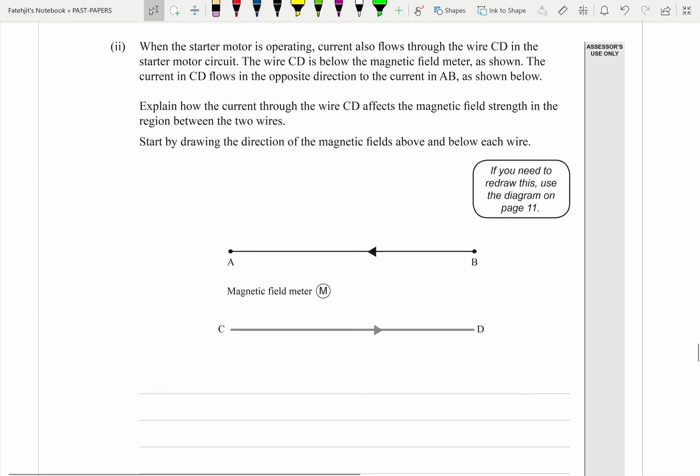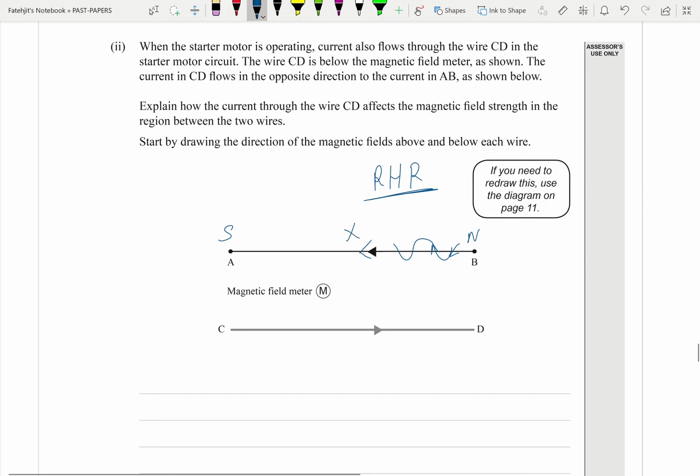Sweet. Let's explain how the current to the wire CD affects magnetic strength in the region between two wires. So using the same thing, we know that this is north, this is south, because the current flows from north to south. So I can use the same thing. You should probably use the rule you know, which is the right-hand rule.